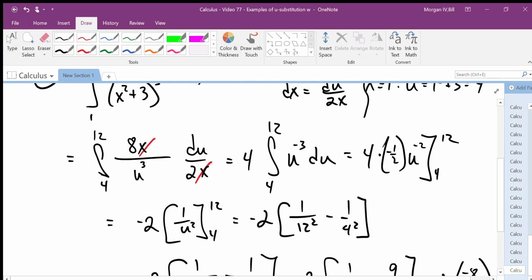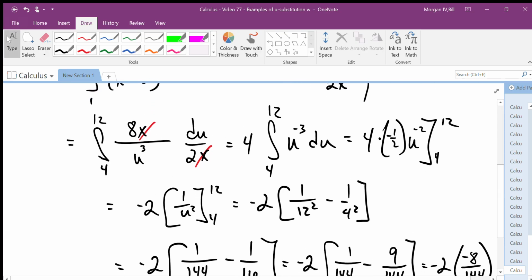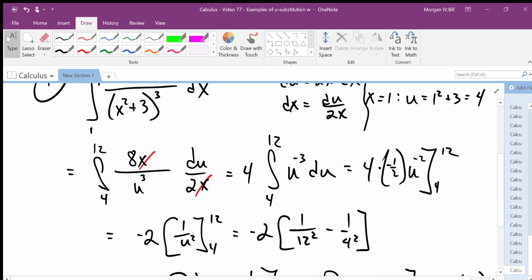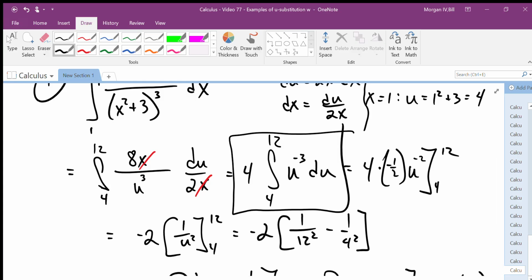Also, if you do the u substitution, what we find is that the area under the curve of 4 times u to the negative third, or 4 divided by u cubed, from 4 to 12 is also 1/9.